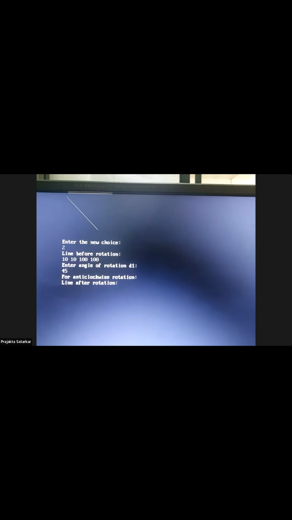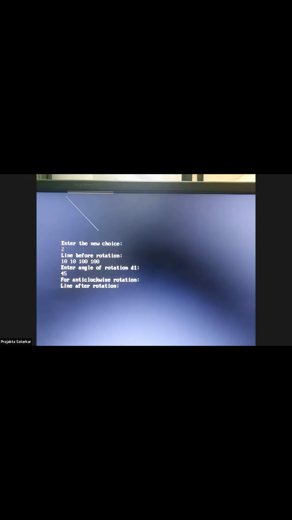Getting it? Yes, ma'am. Okay. So that is about 2D rotation in clockwise and in anti-clockwise manner.